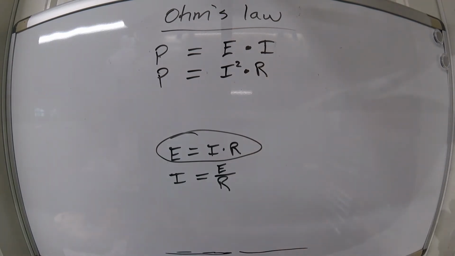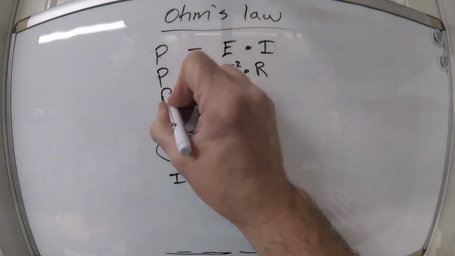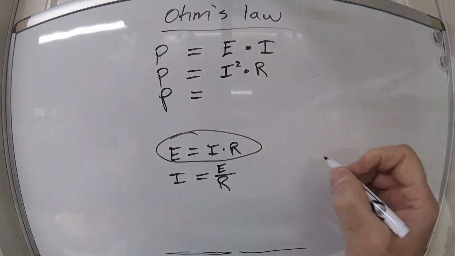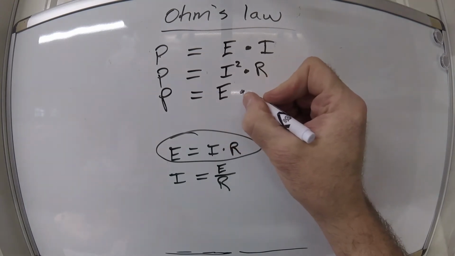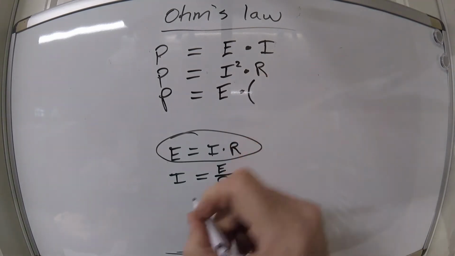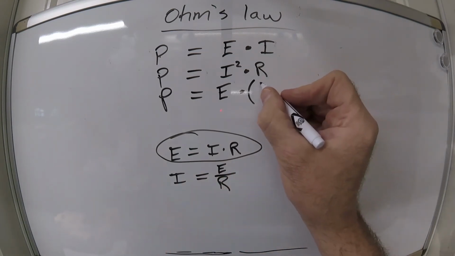That's a very common calculation right there. We could also say, if we do substitution like that, that power is equal to the voltage times, and from down here we know the current is voltage divided by resistance, right?